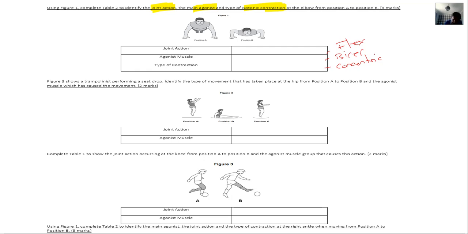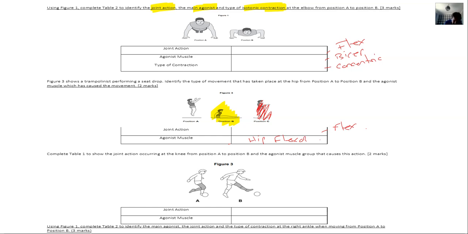We ultimately do not need to worry about this one whatsoever. It says from position A to position B, so we just have to worry about this picture in the middle. It's going from extension to flexion at the hip. So flexion at the hip there, very similar, and then hip flexors is what we're looking for.